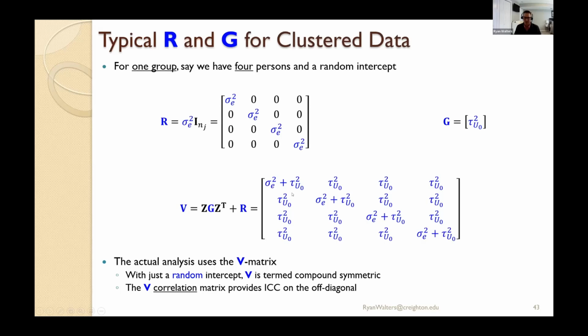These off-diagonal elements, again, are quantifying and holding that excess correlation we needed to worry about. Okay. So that's the big picture of what I just covered there. Residual variances in R, random effect variances in G. Analysis is actually done on something called V, but we're not going to see that very much.